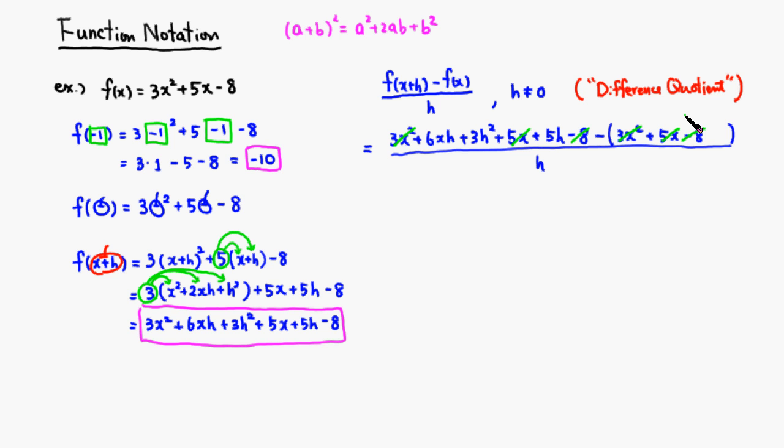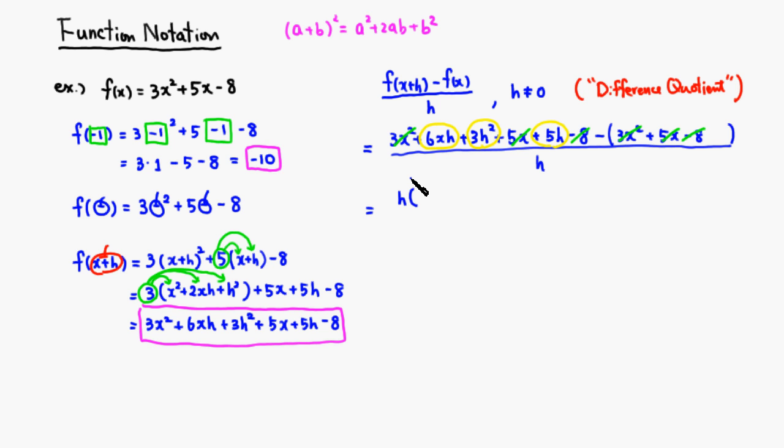So you can cancel those out. What's left are 6xh, 3h squared, and 5h. All three have h in them, so I'm going to factor h out.